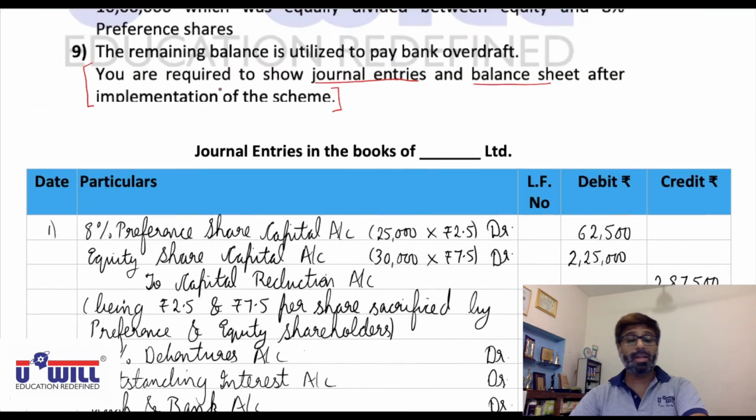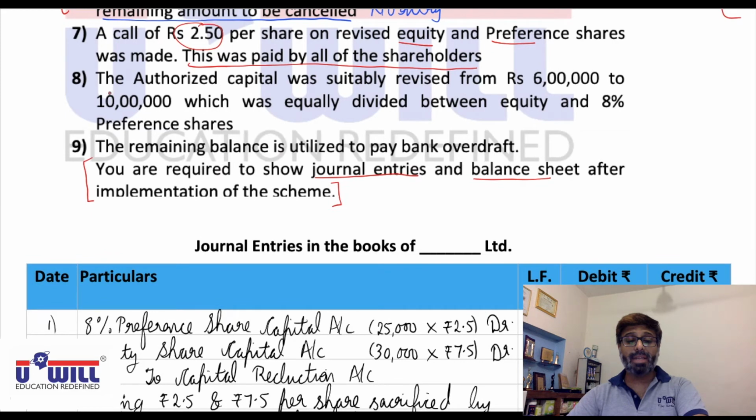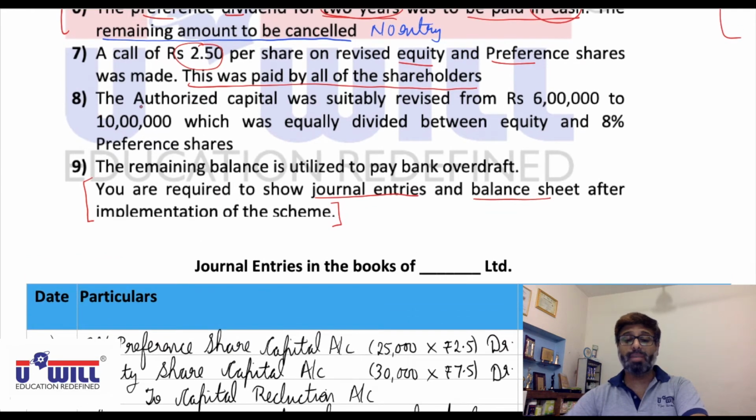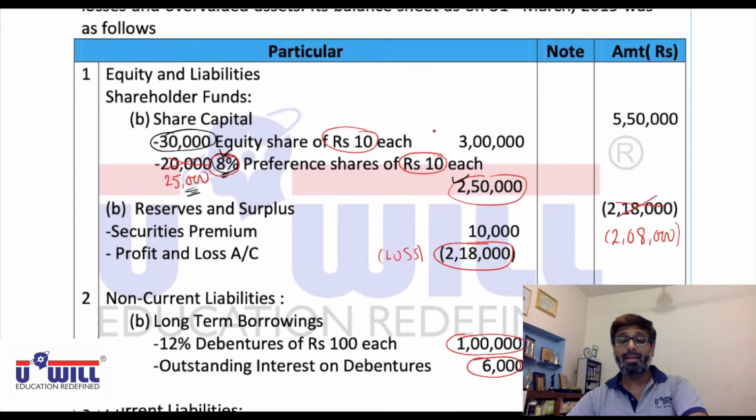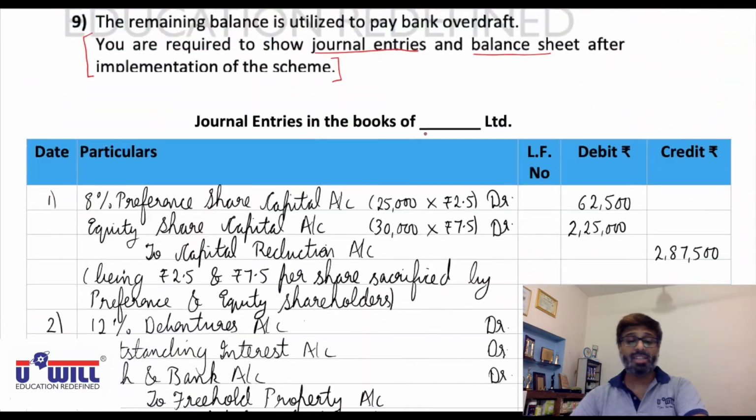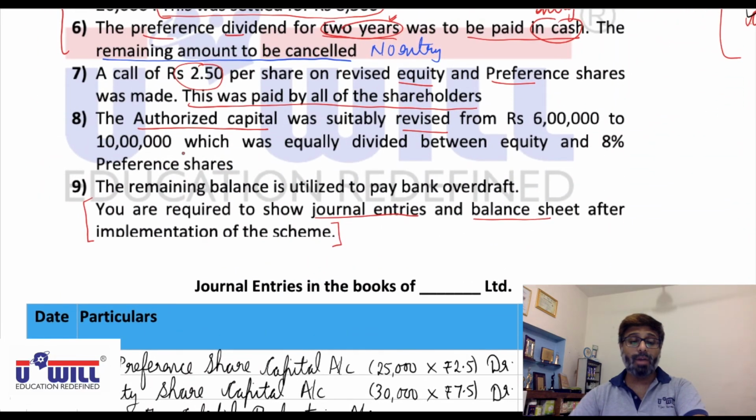Now 8th entry, 8th adjustment. The authorized capital was suitably revised from rupees 6 lakhs existing. Okay, they did not mention it in the balance sheet, but we have to write it in double underline. Existing was 6 lakhs and is revised to 10 lakhs. Means now in the new balance sheet, we will write the authorized capital is 10 lakh rupees, which was equally divided between equity and preference shares.